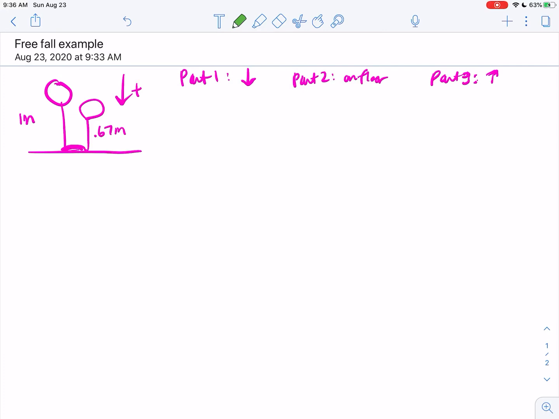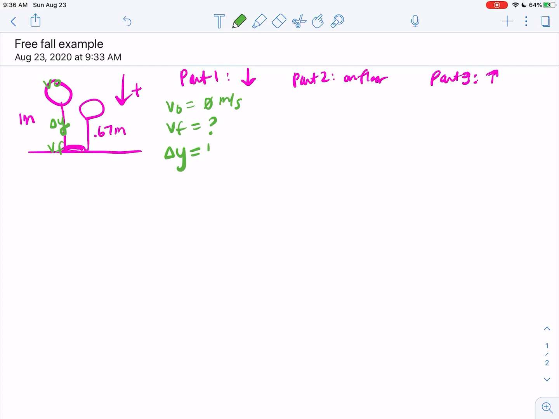Okay, so for part 1, I'm going to have a V naught and a VF. My V naught is 0 because it says it's dropped. That means the velocity is 0. It's not thrown. It's just simply released. And then the VF is what we're trying to find at this point. I know the displacement, and I'm going to call that delta Y since we're working in the vertical direction.